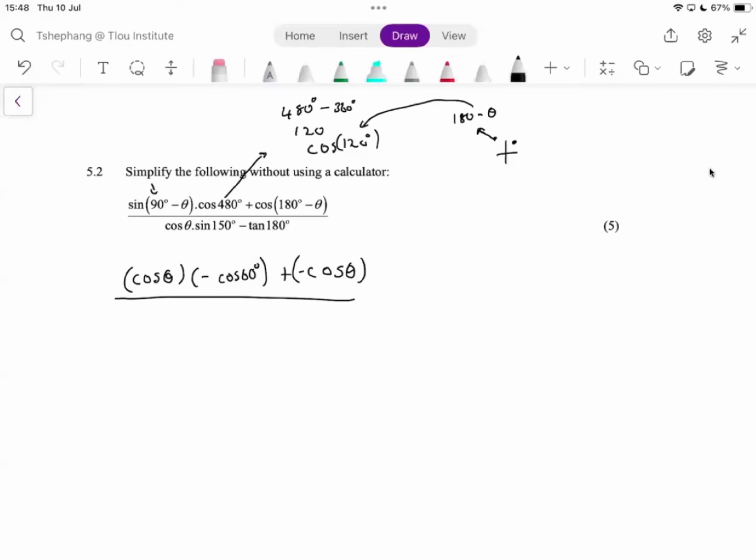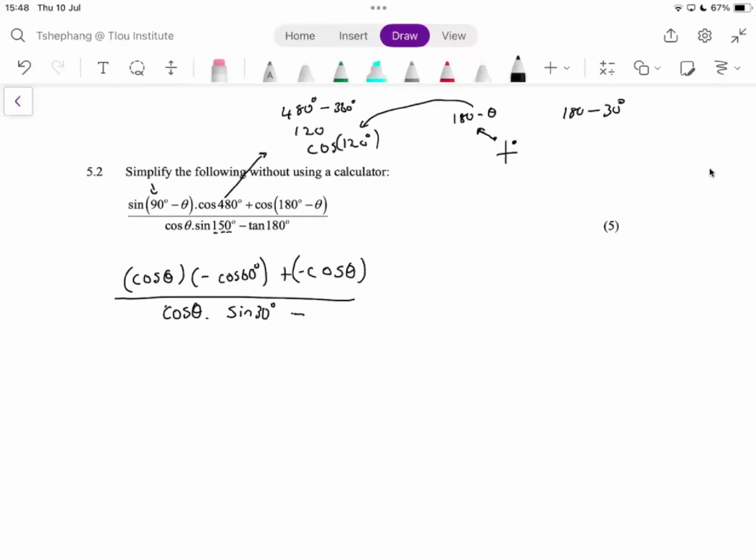Now moving on. Cos of theta, sine of 150. So cos of theta, I cannot do anything there. Write it as cos of theta. Sine of 150 is the same as sine of 30 degrees. How did I get sine of 30 degrees? 150 is in the second quadrant where sine is positive, and then it's 180 minus 30 to take me back to the 150 that they need.